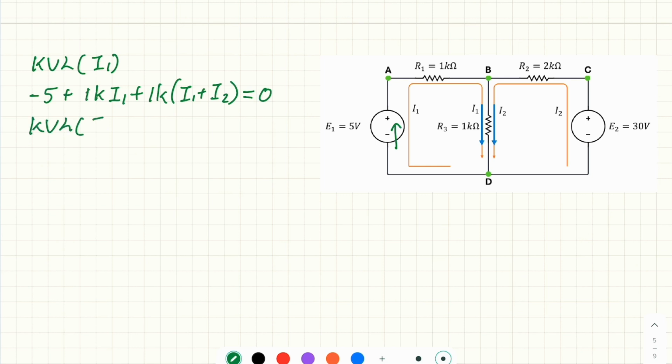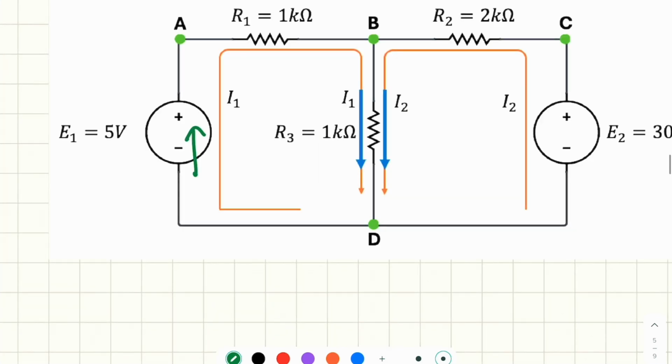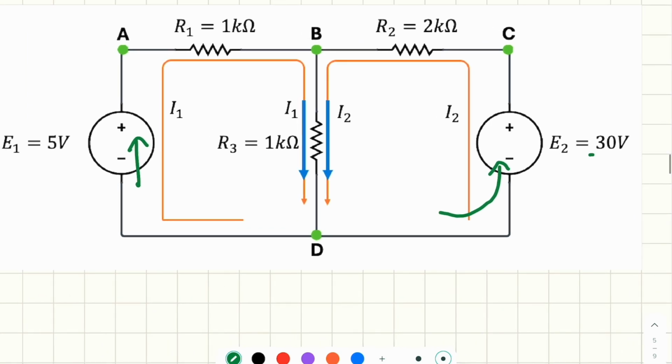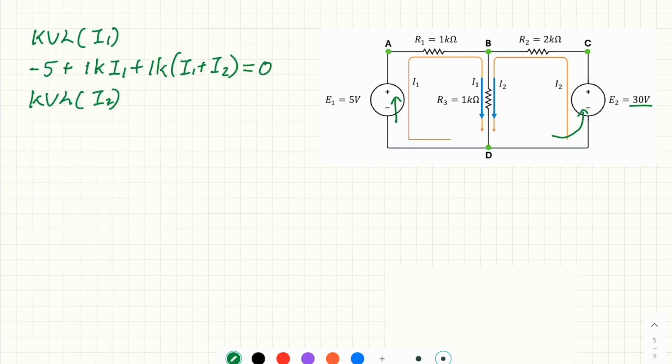KVL for I2. You can see for I2 the mesh current enters E2 from the negative side as well, so 30 volt must be written as minus 30.